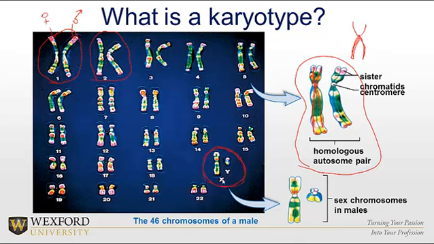And as we can see, this particular karyotype is for a male because it has both an X and a Y. It's the Y that's going to make this one a male. XX female, XY male.